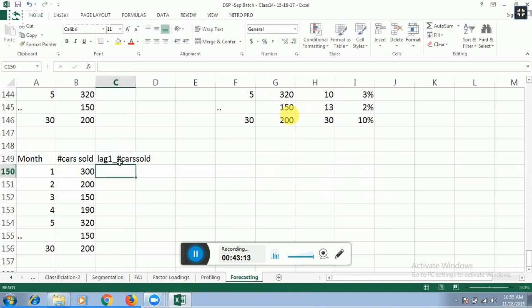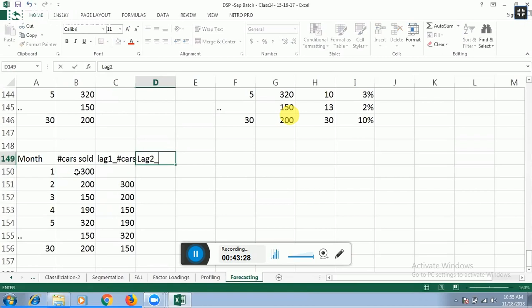What does that mean? The 1 month lag. So this is lag 1: the current month's data is the past month's. Lag 2, what is that? Lag 2 means lag of lag, or 2 months before.